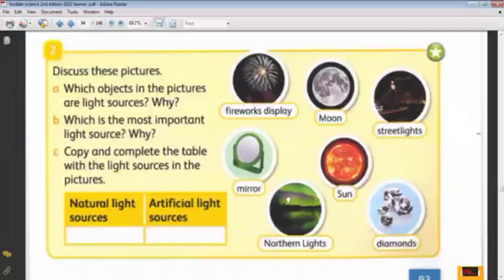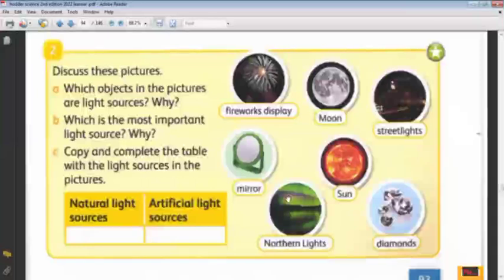Question C, copy and complete the table with the light sources in the picture. Can you sort them into natural and artificial light sources? The sun is a natural source, moon, diamonds, and northern lights. Diamond is not a light source. It's not even an artificial source.